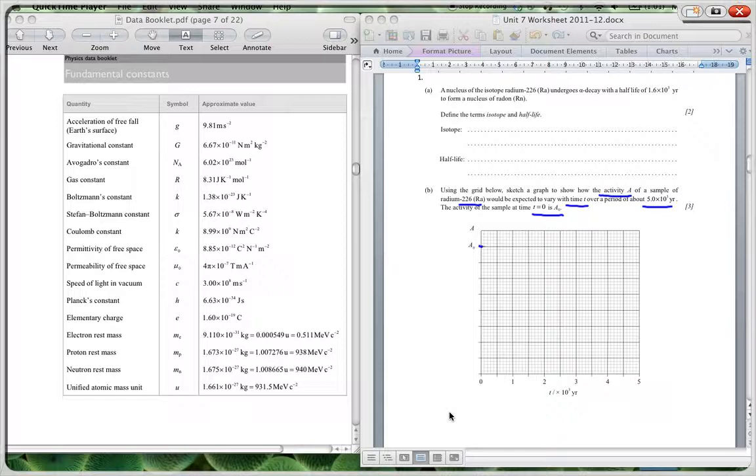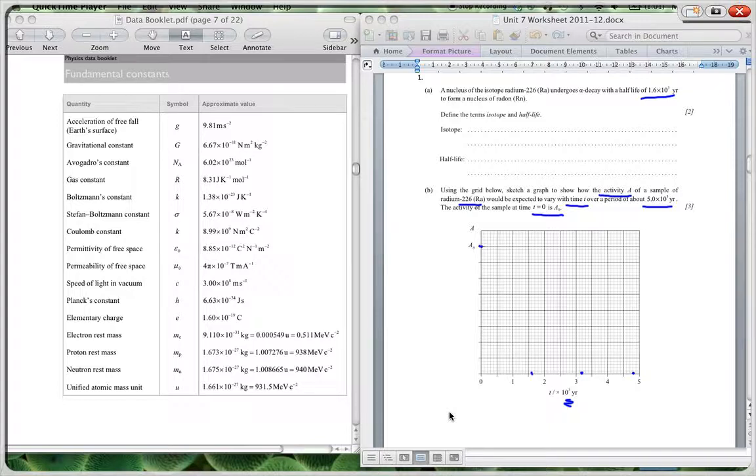Every half-life, it's going to halve. So let's put in these half-lives. We are told that the half-life is 1.6 times 10 to the 3 years. So looking at our time scale, this is 10 to the 3, so this would be 1.6 over there, and then we'd get 3.2 over there, and then 4.8 over there.